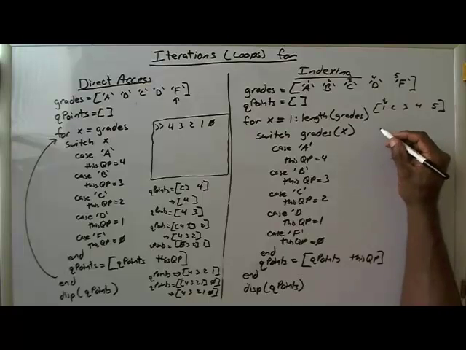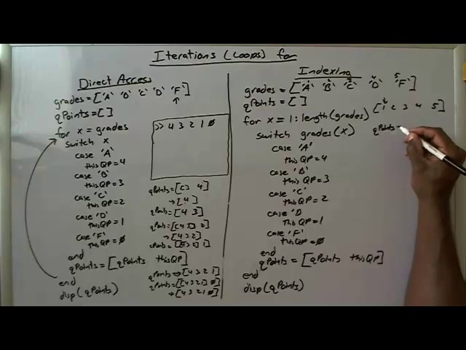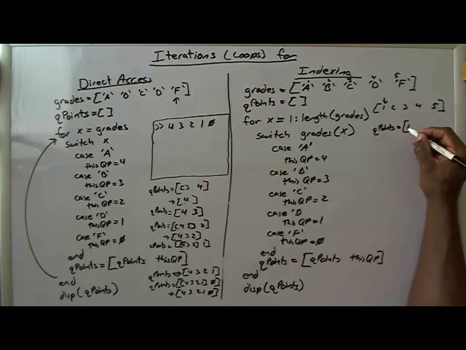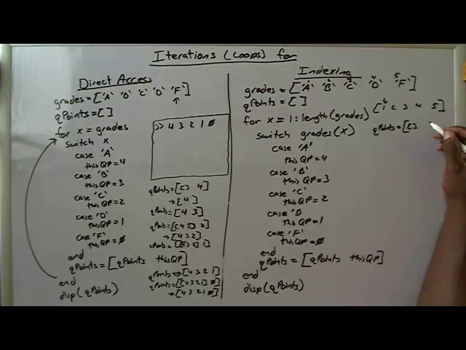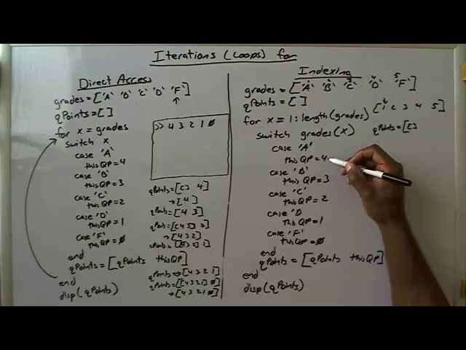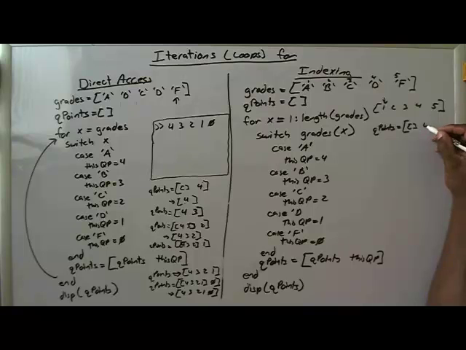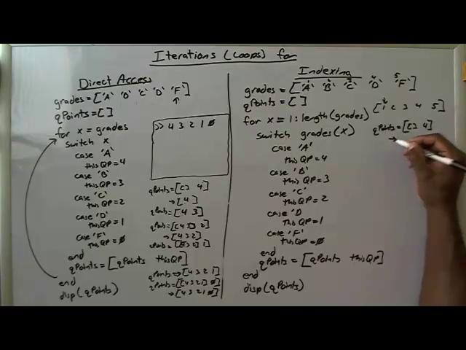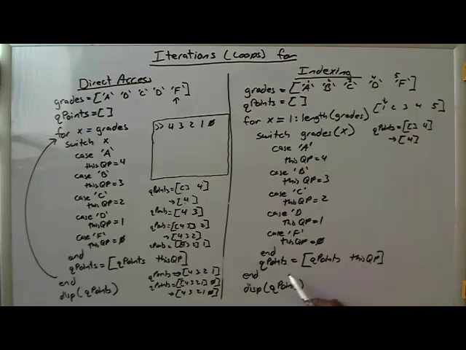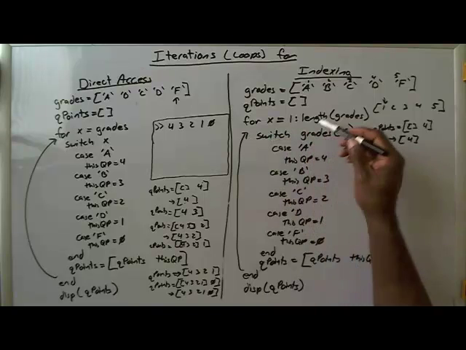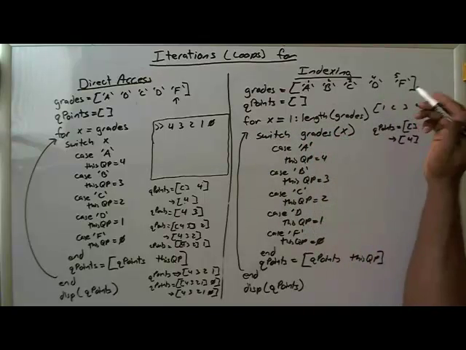Let me give myself some room this time. Quality points is going to equal my old quality points, which is the empty vector, concatenated with this QP, which we've determined to be 4 now. So that's the value 4. So now my quality points equals the vector 4. I end, I go back up to the top of my loop. Now x equals 2.